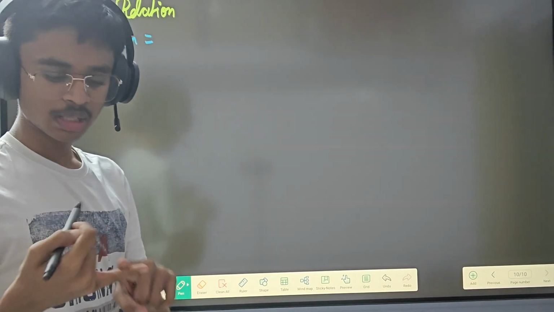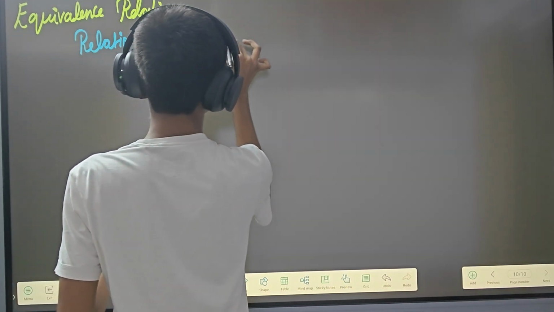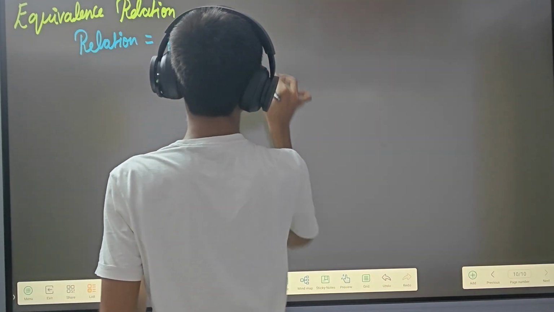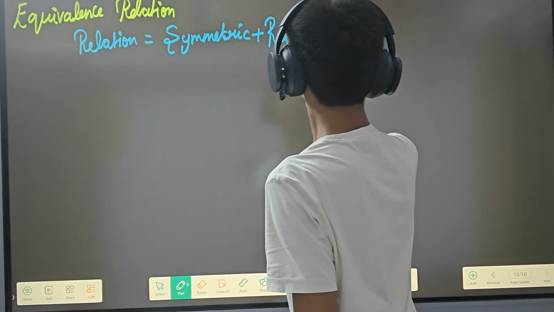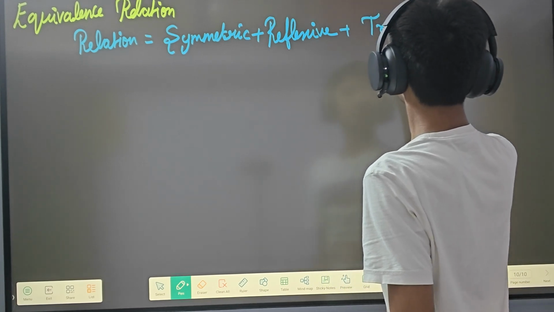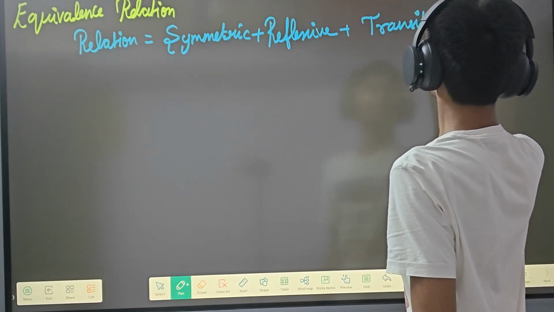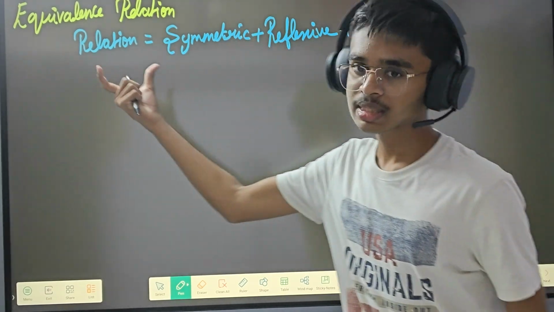If a relation is symmetric, reflexive and transitive, then it is known as an equivalence relation.